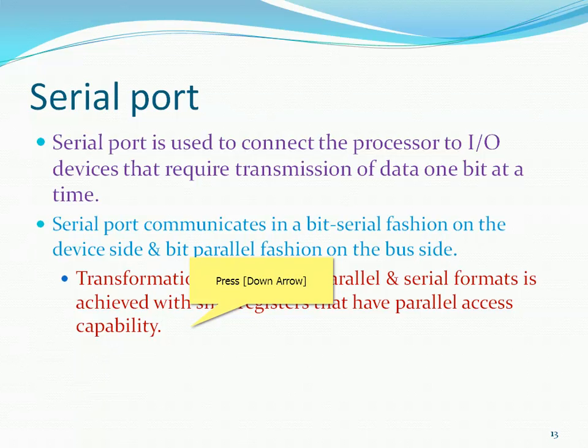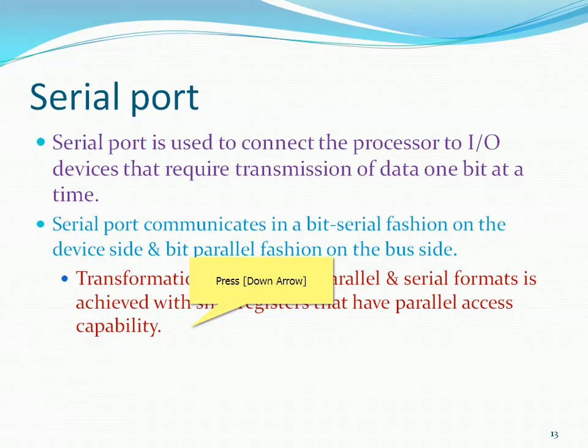That means bit serial fashion on the device side, and bit parallel fashion on the bus side. So the bus talks in terms of bytes or words, whereas the device connected to the real world talks in terms of bits. This transformation between parallel and serial format is achieved with shift registers.